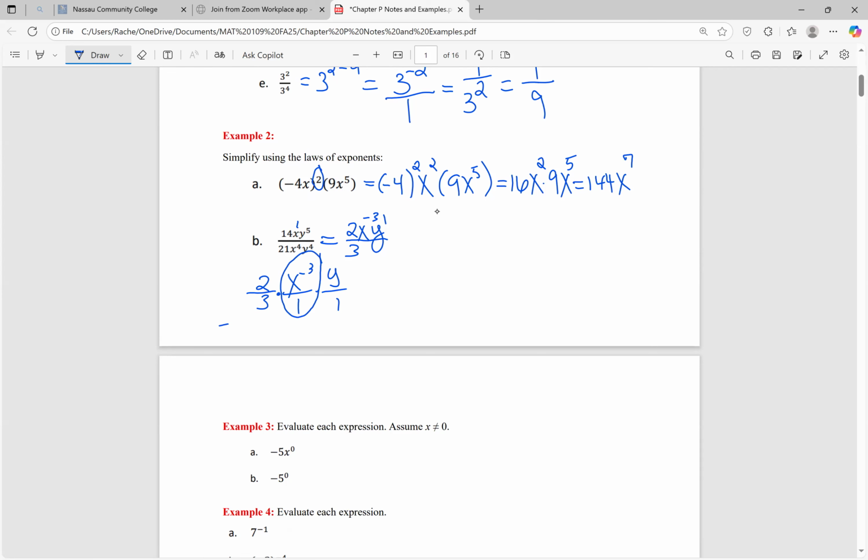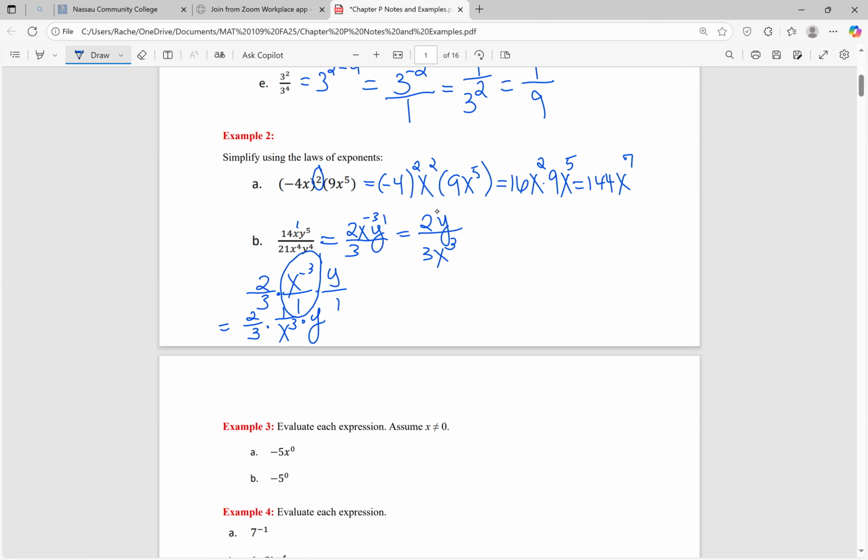So this is going to become 2/3 times 1 over x to the positive 3 times y. So this is going to be equal to 2 times y over 3 times x to the positive 3. And that's going to be my final answer.